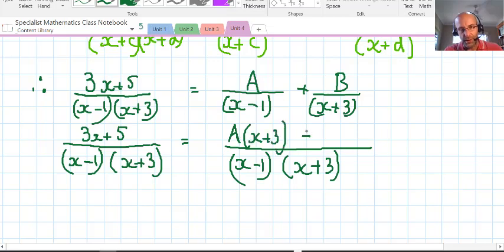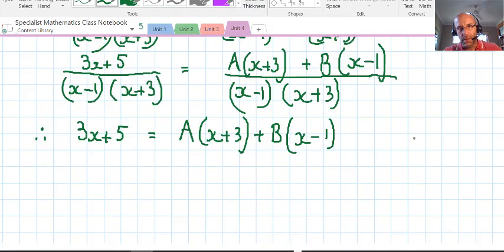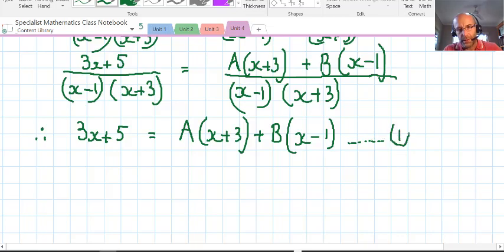And we also have B. It also needs to be multiplied, this time by x - 1. Then we can come up with this statement where, if the denominators are equal, the numerators must be equal, but we've got a couple of unknowns there, so I'm just going to call that equation 1. Now, we do this because it helps us solve things more easily.